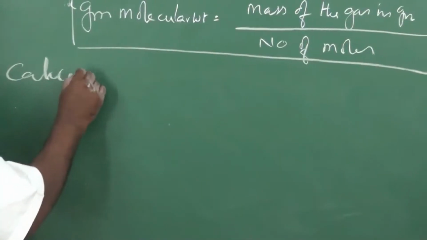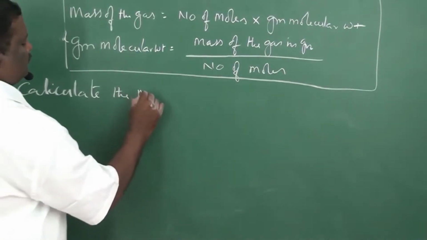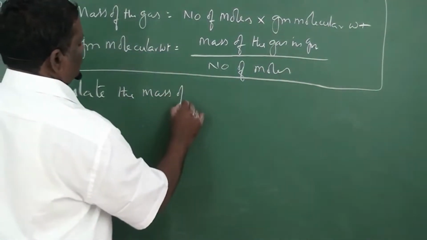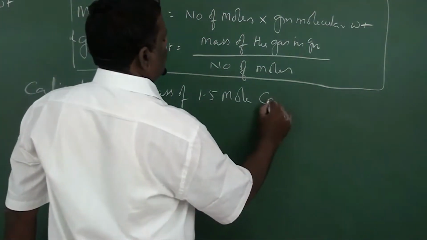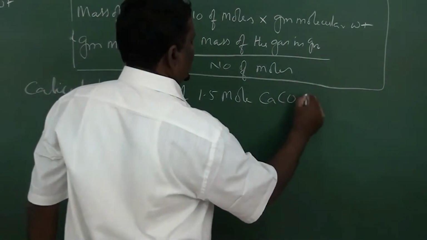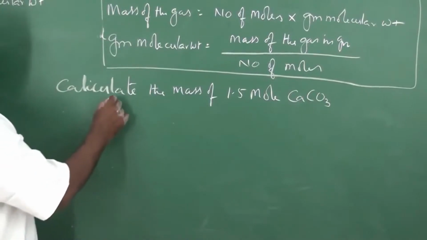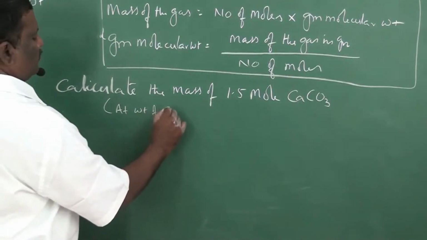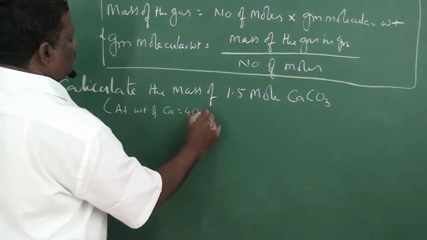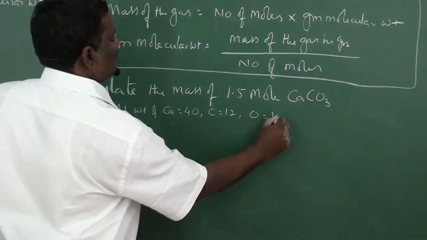Another problem: calculate the mass of 1.5 mole CaCO3. Atomic weights: Ca is equal to 40, carbon is equal to 12, oxygen is equal to 16.